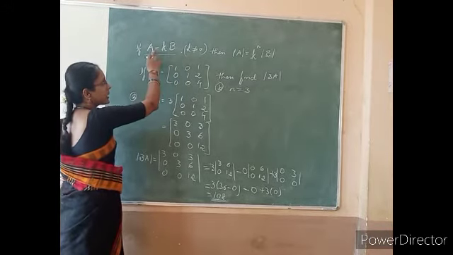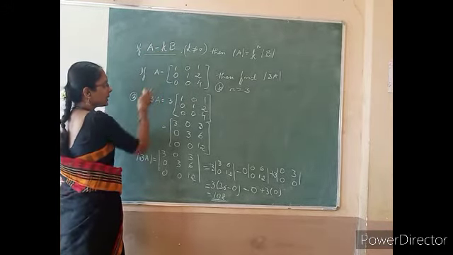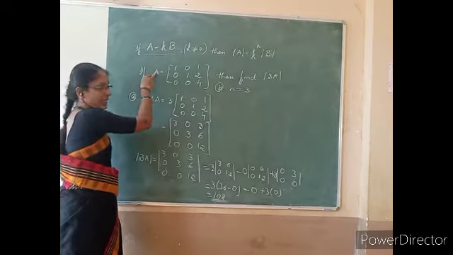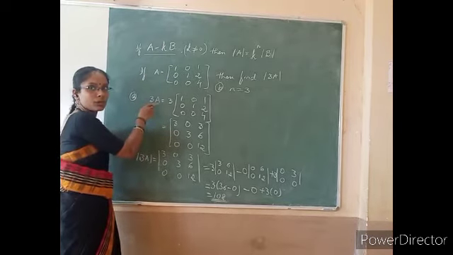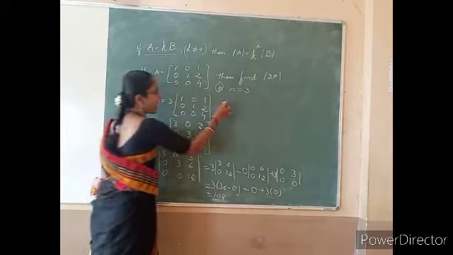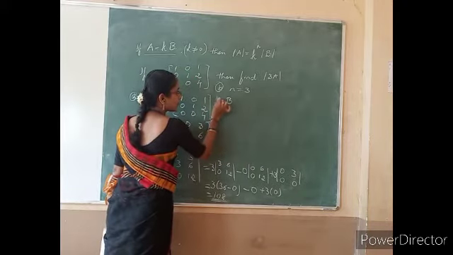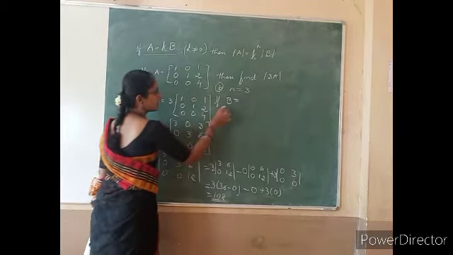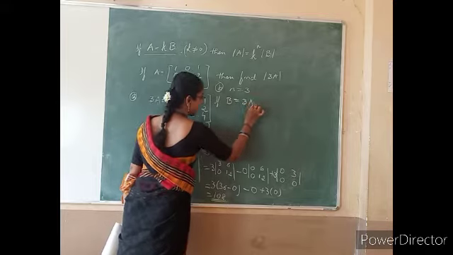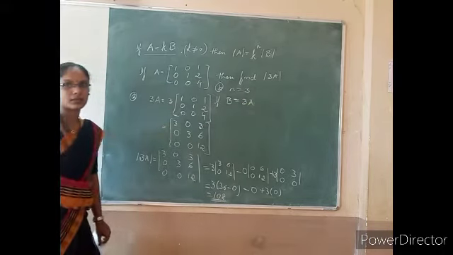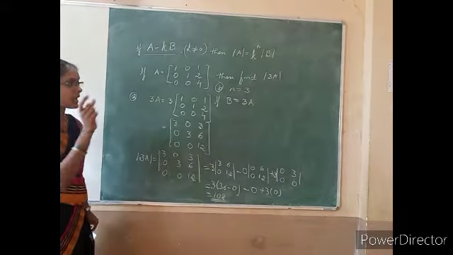A is equal to K into B. Here, this is the matrix A. 3 into A we have to calculate. Therefore, if B is equal to 3 into A is given, so given 3 into A as one more matrix.